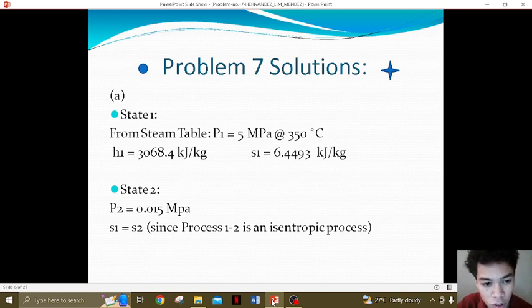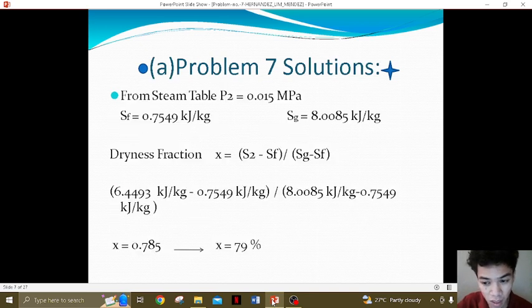For state 2, the pressure 2 is equal to 0.015 megapascal. Since S1 is equal to S2, because process 1 to 2 is an isentropic process.